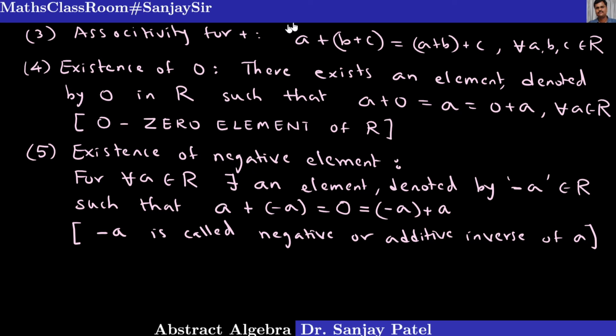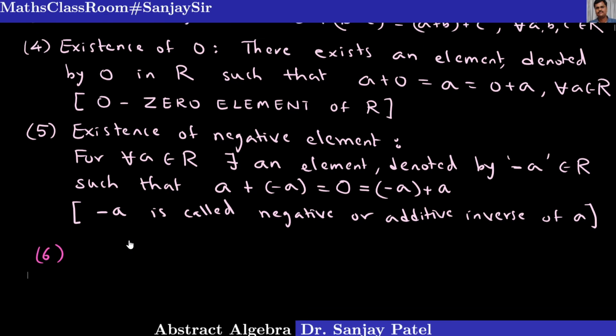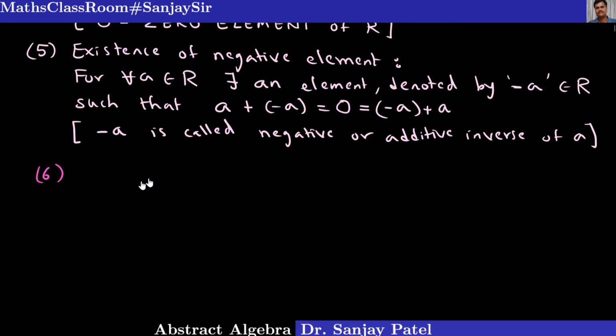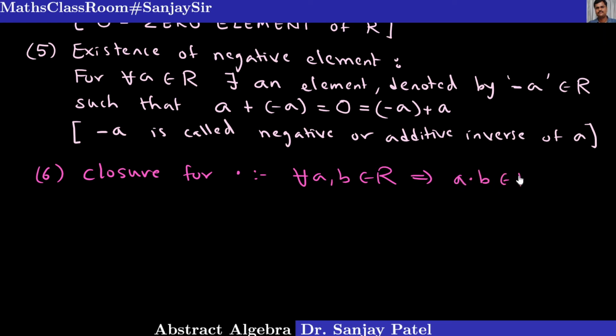And the remaining three properties are about the second operation of multiplication. The sixth is called the closure property for the operation of multiplication. So for every a and b belongs to the set R, we must have a times b belongs to R. So we can say that R is closed with respect to multiplication.